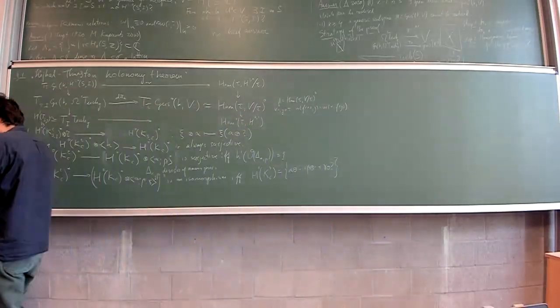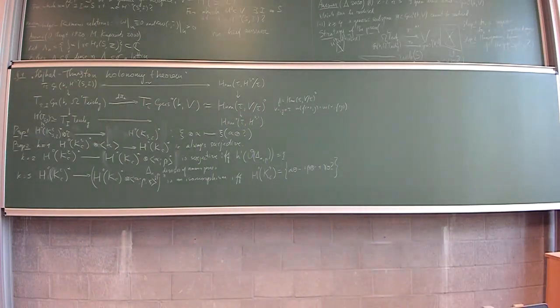And there is this Noether's theorem on the quadratic differentials, which tells that for a non-hyperelliptic curve, the space of quadratic differentials is actually spanned by products of one forms.